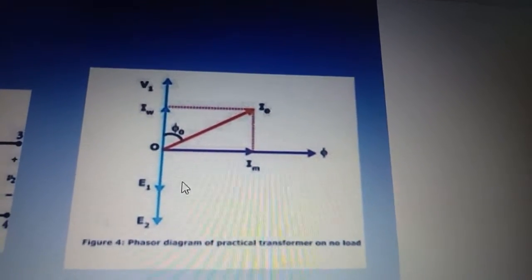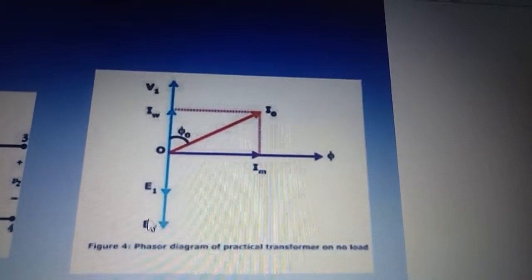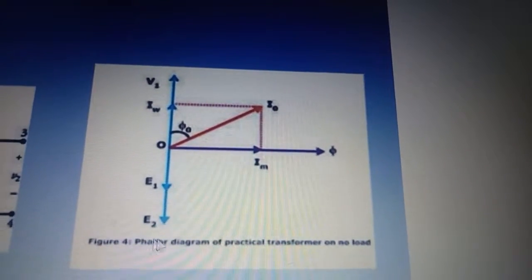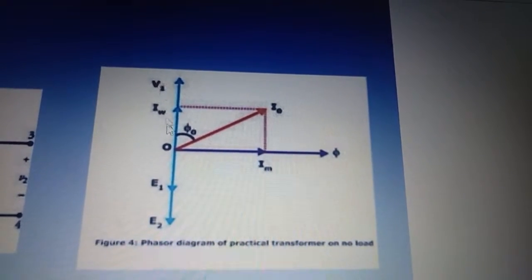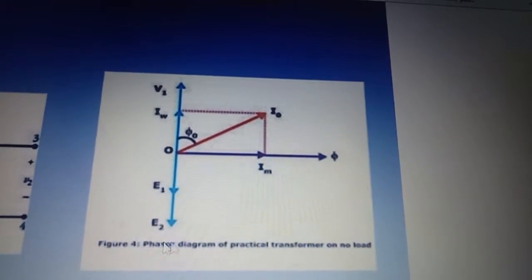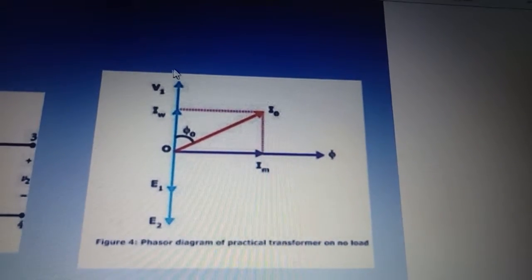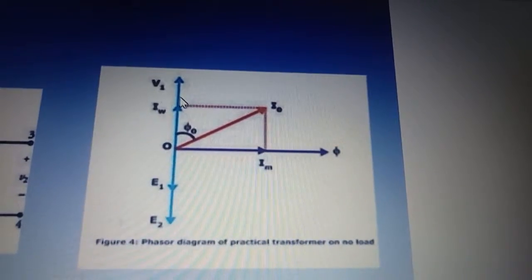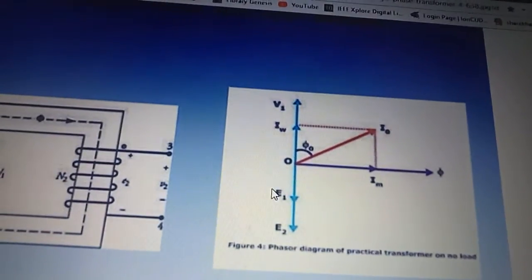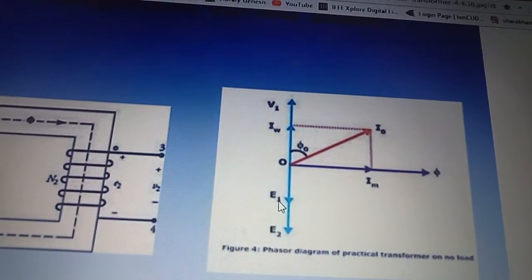Next, what happens? EMF is induced in the secondary winding and primary winding, E1 and E2. If you observe here, these must be in opposite direction to V1. Try to understand. E1 and E2 must be in phase with each other, but E1 and E2 must be in exact phase opposition with V1. Why? What is E1? Primary induced EMF, E2 secondary induced EMF. Why are they in phase opposition with V1?